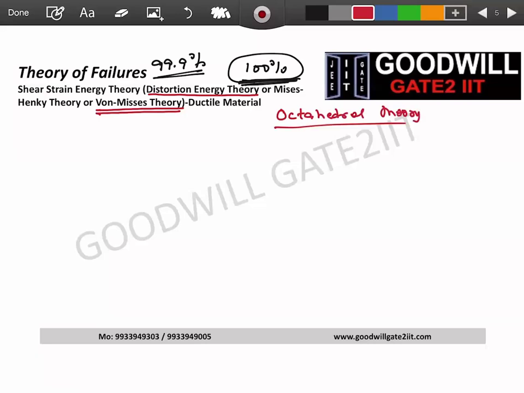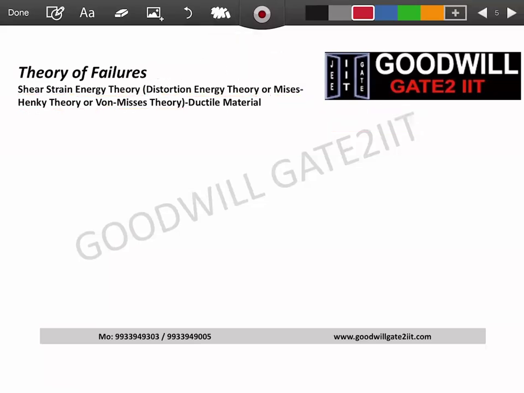But believe me, they can never ask this in your GATE exam. Another name for it is shear strain energy theory, or Hencky theory. These are some uncommon names. Frankly speaking, I don't want to complicate this and I don't want to leave anything out either. But please remember this name and remember this thing.